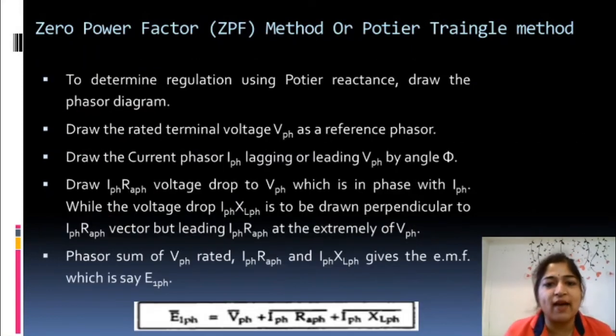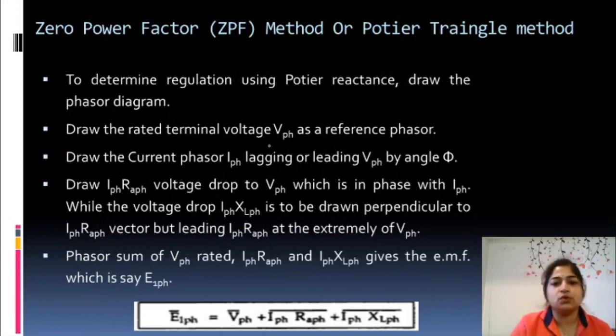Now once you get the value of XL, you know how to draw the phasor diagram and you know the phasor relation. So we will see the phasor diagram once again. First of all, draw the terminal voltage VPH as reference. Then you will draw current IA, which will be lagging the voltage by an angle phi. Then you will draw IA RA, which will be in phase with IA, but drawn from VPH.